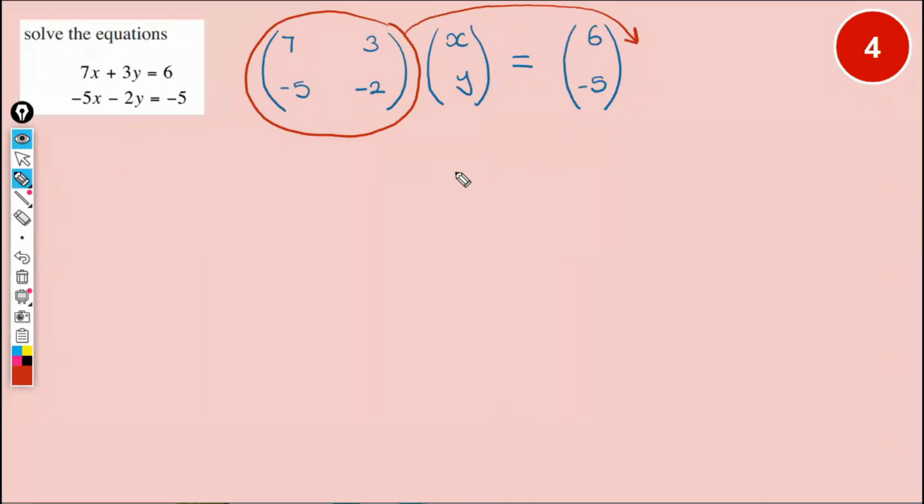How many people could agree with that? Since we want to solve for x and y, we're keeping x and y on this side. But when we throw across that matrix, it can only jump across one matrix. So that means it has to land over here between the equal sign and the 6 and the minus 5. Remember, when you throw it across, you are going to get the inverse. Let's help you out here.